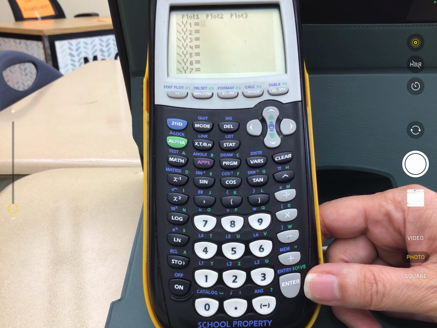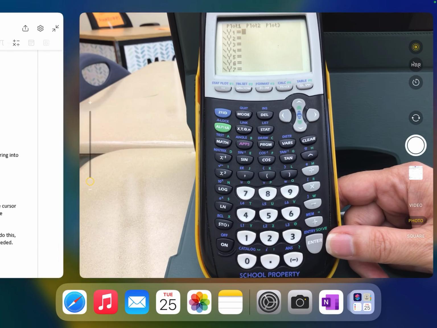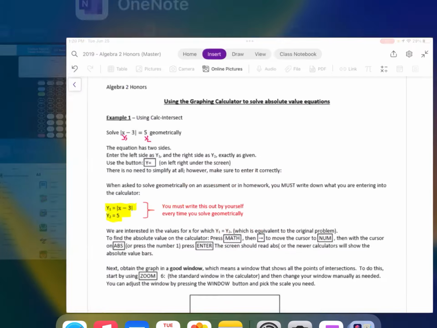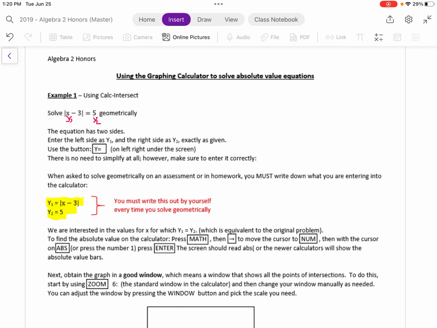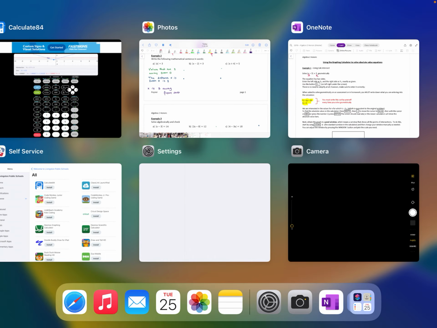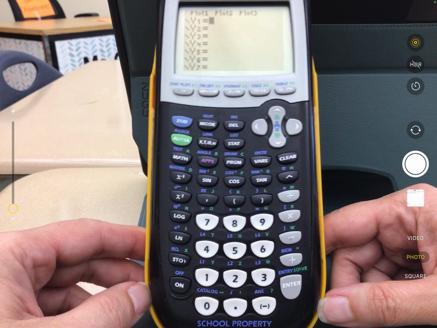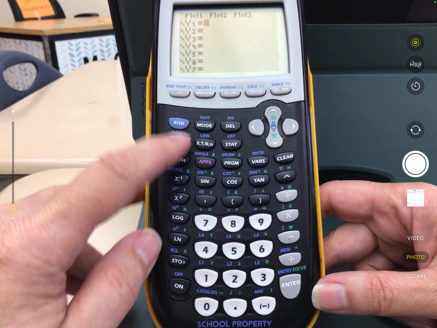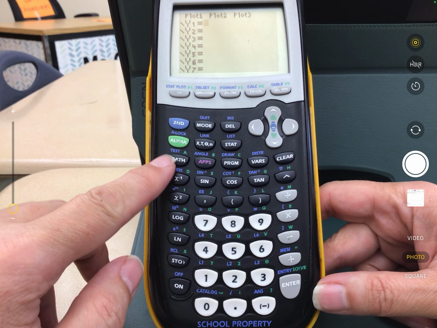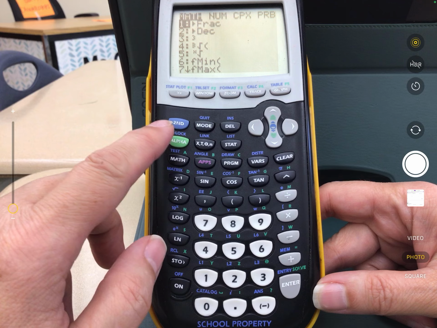Now, of course, I don't remember what that was, so let me just see here. There. It's absolute value of x minus 3 and 5. So let's go back to where we were here. To put in the absolute value, the place that happens in the graphing calculator is the math button.